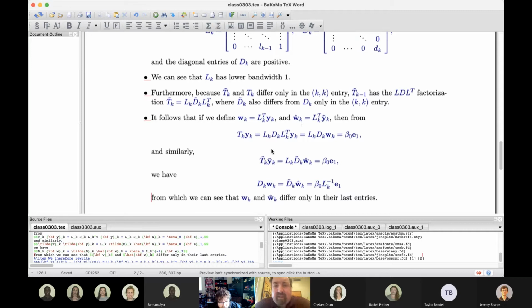Now, my system I want to solve is TKYK as the left side, and this is the right side. So I replace TK with its Ldlt factorization, and then I have this right here. I've defined that to be WK, so I have that here. Then I do the exact same thing with TK tilde YK tilde, and that condenses to that.